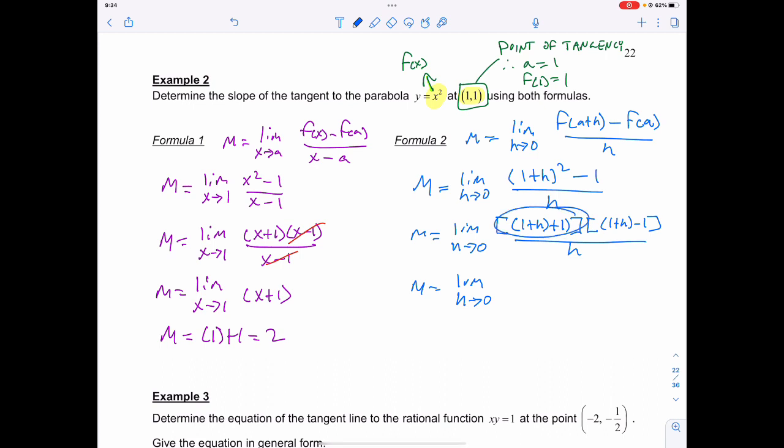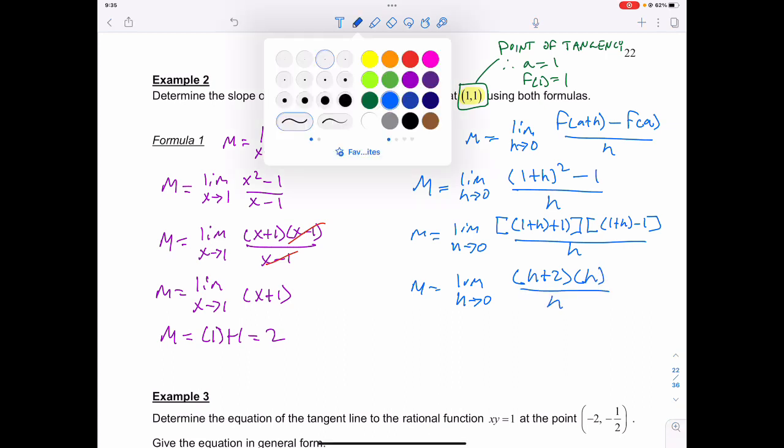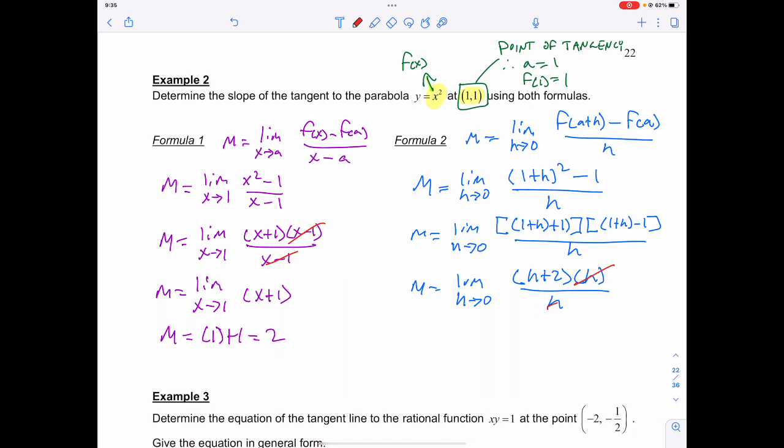When I simplify the first one, I wind up with h plus 2. When I simplify the second one, I wind up with just h. And then I can factor this h out of the numerator and denominator. This should be a common trait whenever you're using this formula.